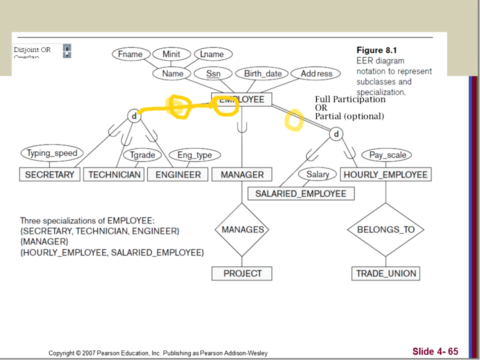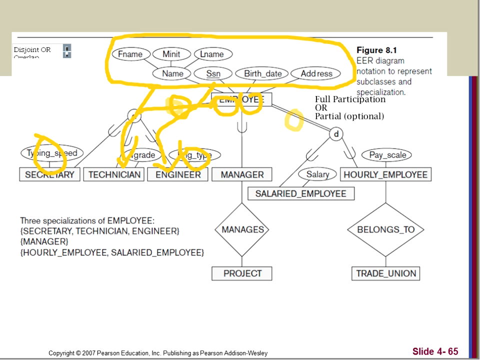And also there are important characteristics of the enhanced super and subclass. The first one is the attribute. Sometimes the superclass has an attribute. What does it mean? This attribute on the superclass will be inherited automatically by the subclass.